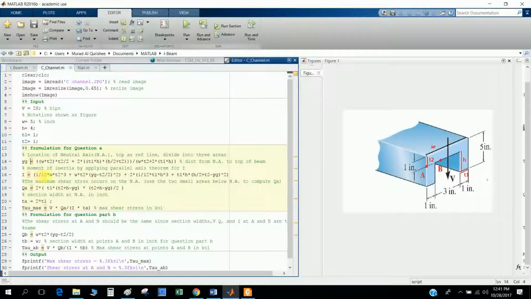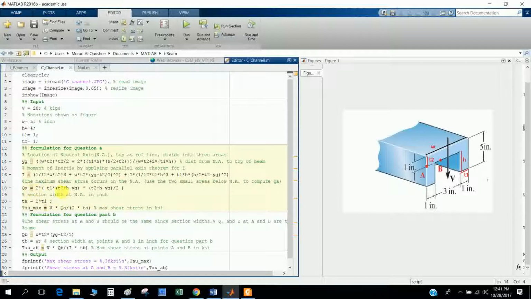We know this formula, 1 by 12 bh cube plus A d square, and plus this again, where b is t1, h cube, plus A d square. A means area, t1 h, and d means this neutral axis to this neutral axis distance, h by 2 plus t1 gives this height, and deduct yz, it will give you the center to center distance.